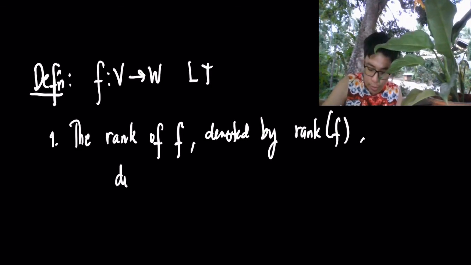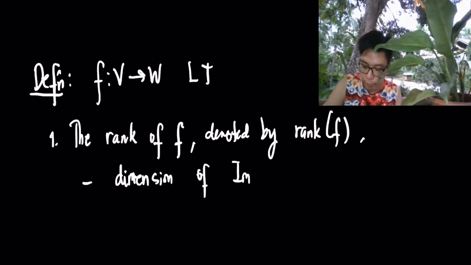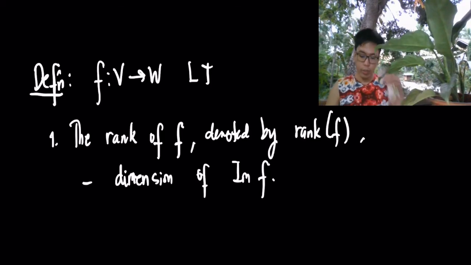This is actually the dimension of the image of f. In other words, the rank of f is simply the cardinality of the basis of the image of f.